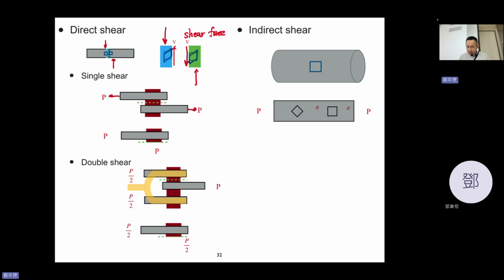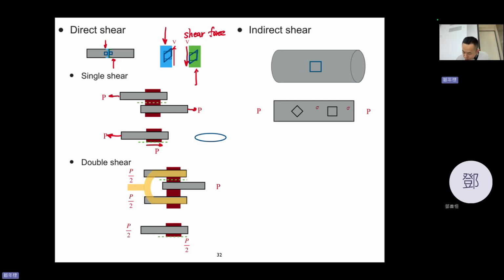So I just cut it, and we leave the upper part. We only see the P here. If you have no P here, it will fly. If you have P here, it would fly away, but it's still there, which means the green interface must support and give a force on the right-hand side. So the right-hand side gives the force P, and the green area here will give you a shear stress.